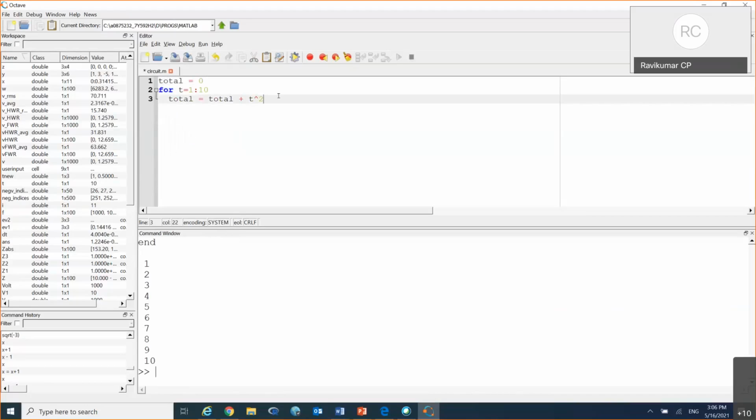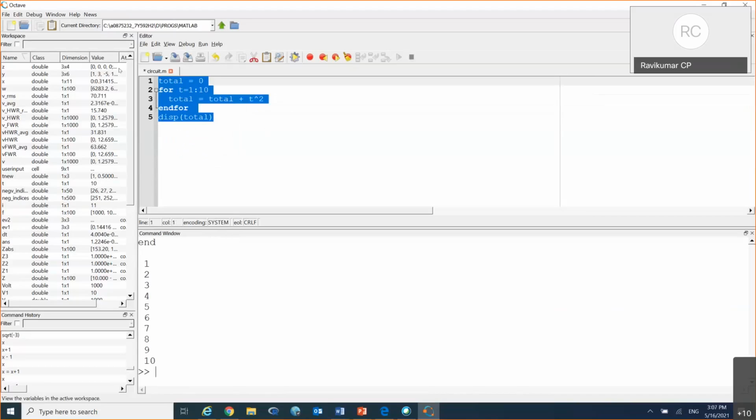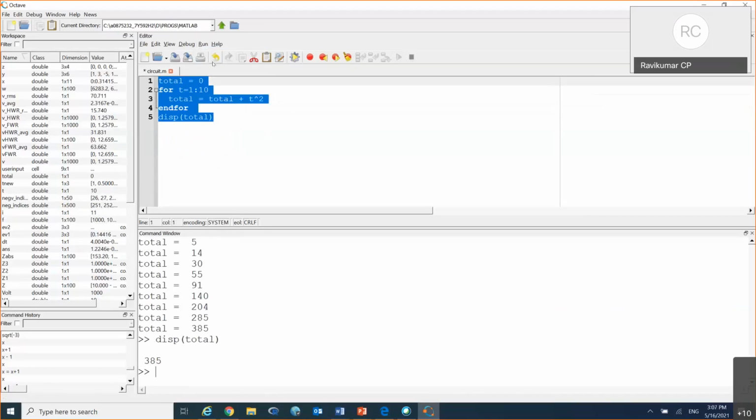Then I will put end for here, or end, whichever you want, and then I'll say display total. So this is an example to calculate the sum of squares. The sum of squares happens to be 385.